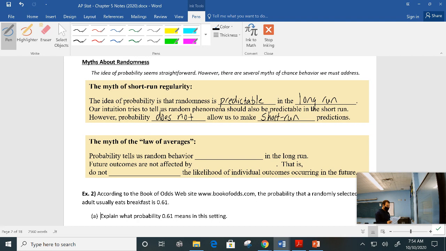Next thing, the myth of the law of averages. The probability tells us random behavior evens out in the long run. However, future outcomes are not affected by past behavior.